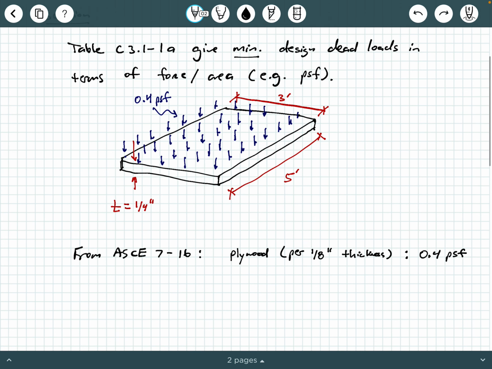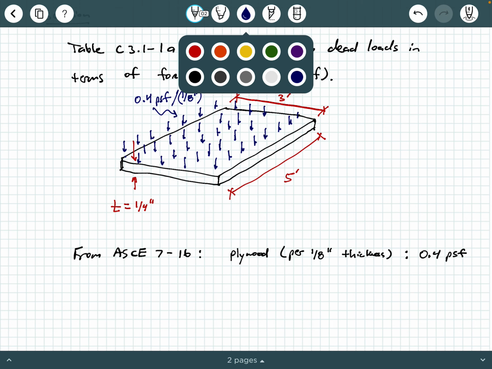We've got to be careful here, so let me make an amendment: 0.4 PSF per eighth inch. That means if this thing was an eighth of an inch, it would weigh 0.4 PSF. But what do we have? We have a quarter of an inch.